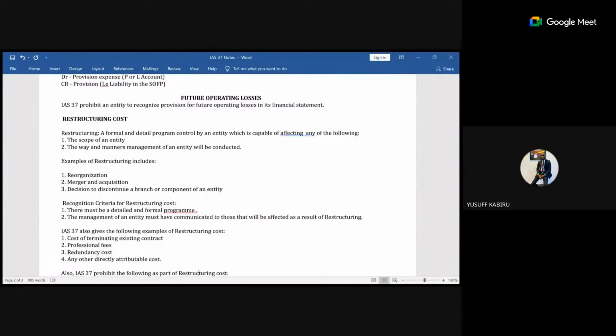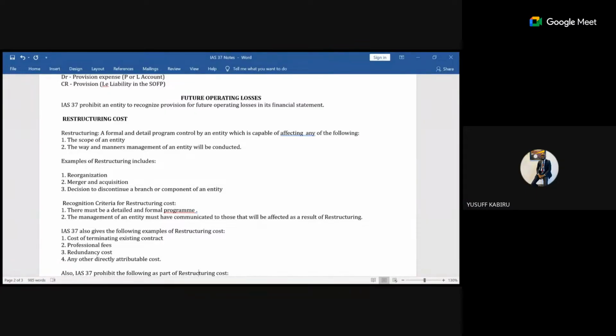Number 2 is professional fees, the professional fees you are going to incur. Then redundancy costs. That's a cost you are going to incur to settle the people you are sacking. That's redundancy cost, a cost that you incur to make sure they are well compensated.